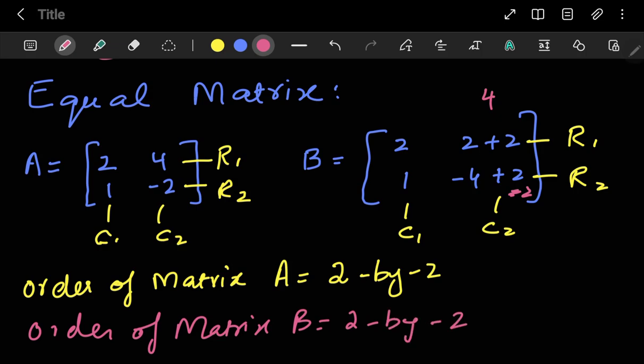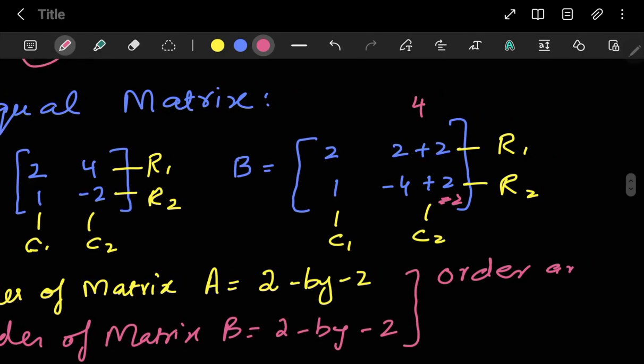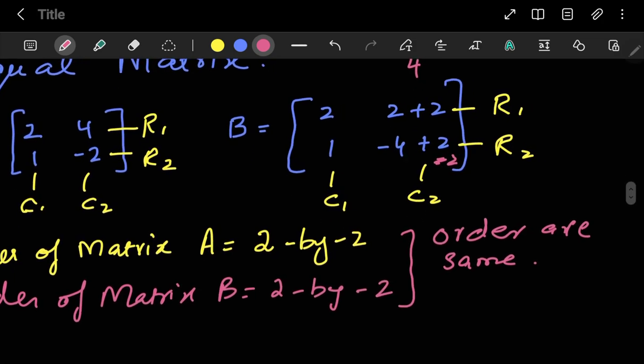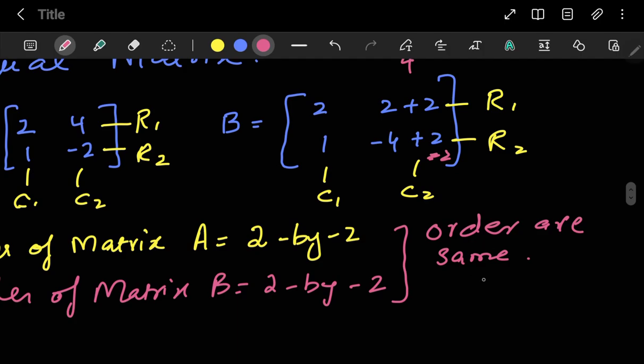When the orders of the matrices A and B are the same, the matrices will be equal.